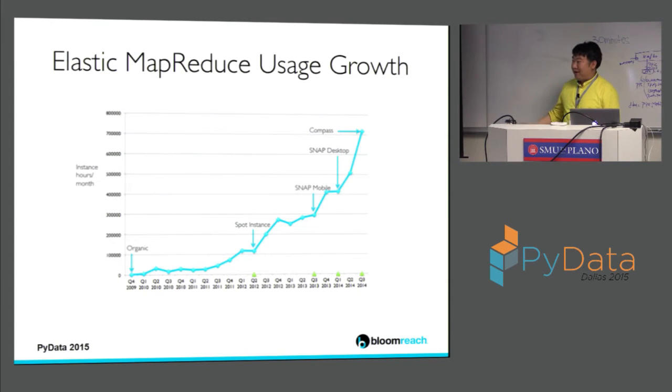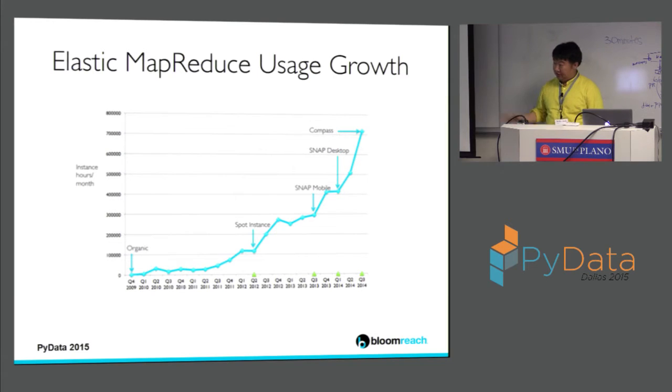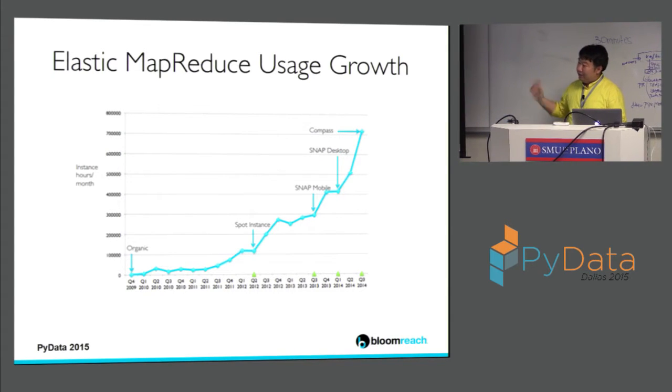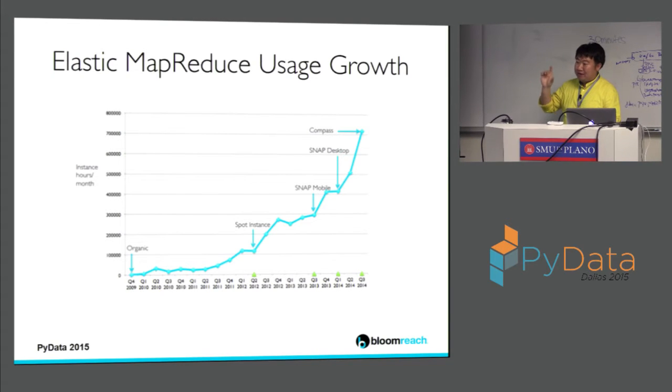This is good news and bad news. Probably good news for Amazon because they get a lot of money, 300,000 to 400,000 per month, and that's just for EMR. And of course, bad news for us. So imagine that if you can make the MapReduce pipeline or the cluster a little more efficient, you save a lot of money.